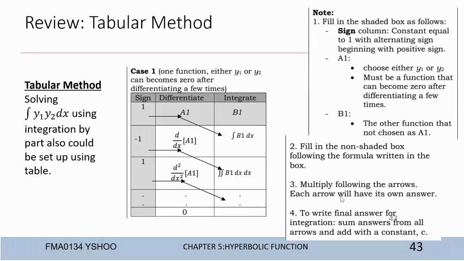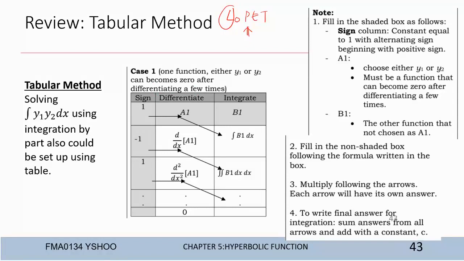Remember that whenever you have integration by parts, you follow LIPET, right? So this one is L, and then we have our polynomial. Actually this only happens for the case where you choose your polynomial, because the first case is where one function, either your u or v, can become 0 after differentiating a few times.